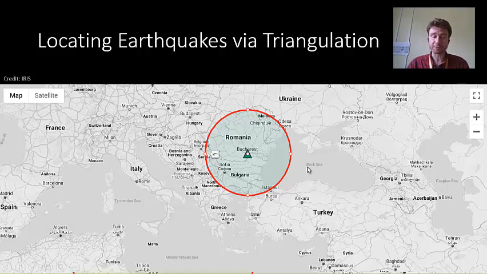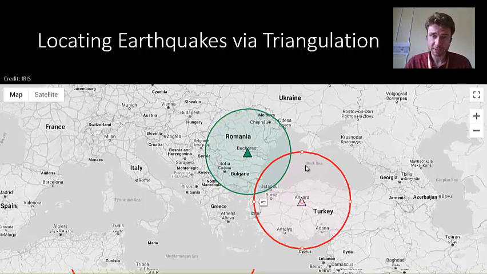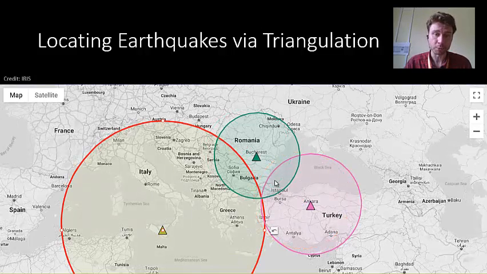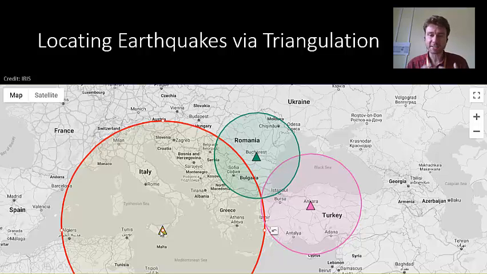But in order to find that location, we can add data from other stations, say one in Ankara and then one down in Sicily, and we could try to find the match between all those readings in a certain amount of time. And that match, that triangulation, will allow us to pinpoint where one of these earthquakes happened.